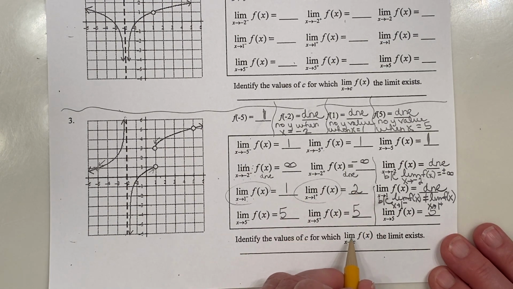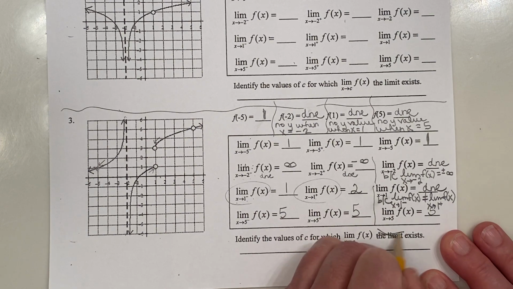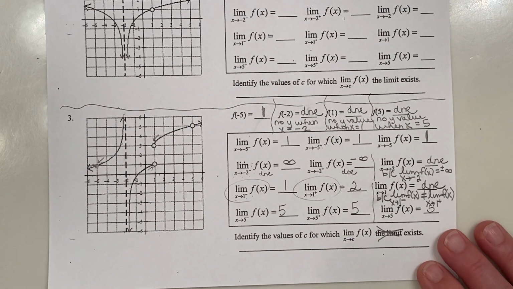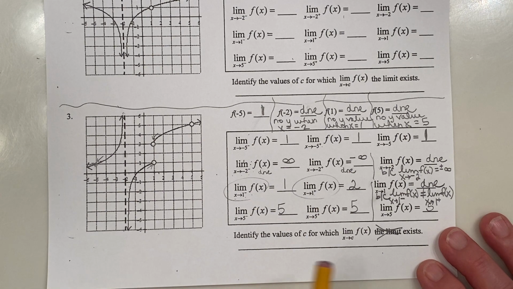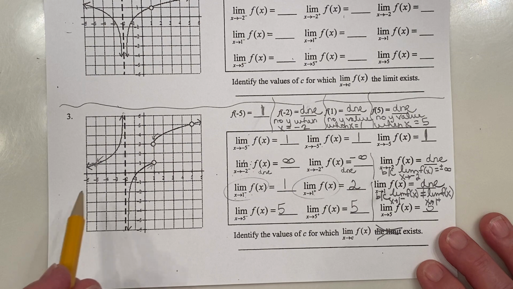Sorry about that, those were redundant words. So I think a better way to think about this question is, at what values of c, at what x values does the limit exist?